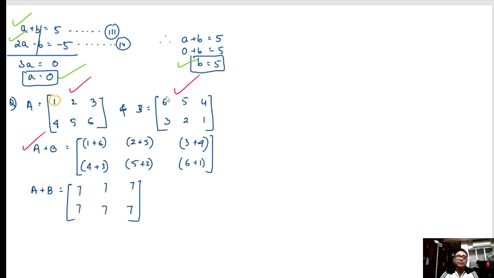This is added with this, so you can see 1 with 6, 2 will be added with 5, 3 will be added with 4, 4 will be added with 3, 5 will be added with 2, and 6 will be added with 1. So this is how we get the matrix. If we subtract also, then we can do this in the same format. Clear?